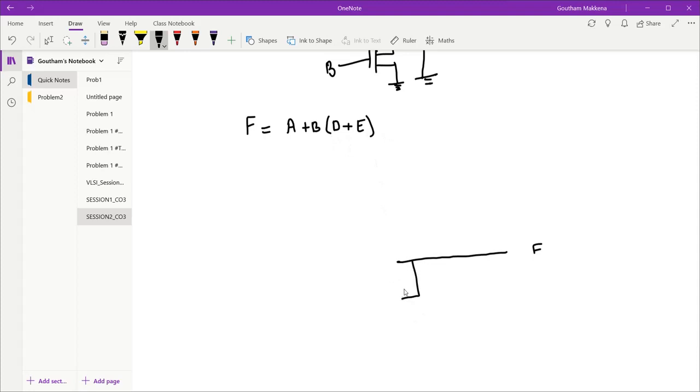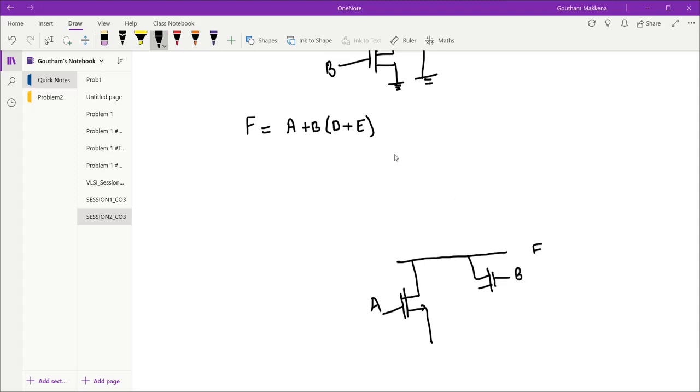So if A is being ORed, OR in pull down network means the transistor is in parallel. So A is now in parallel with B and (D or E). So A is now in parallel with B. So this should be B.